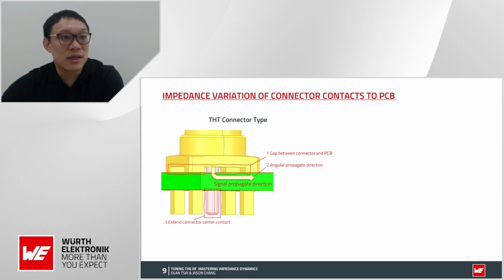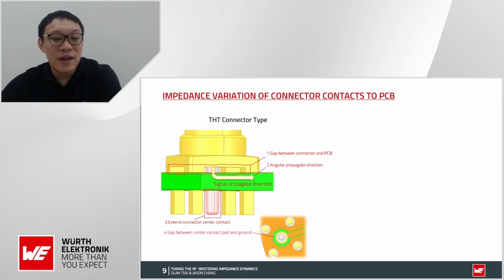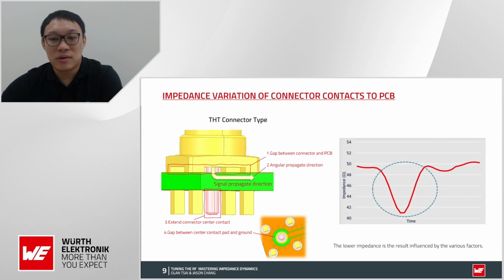Third is the extended connector center contact. And the fourth is the gap between the center contact pad and the ground. These 4 points together, without tuning, if you simply place a THT connector directly on your PCB, then you will have a lower impedance result. That is not ideal.